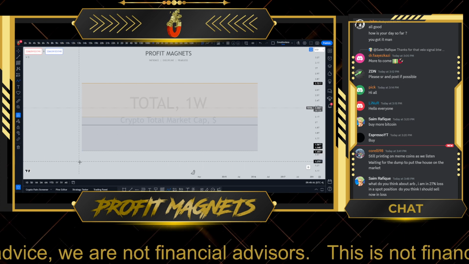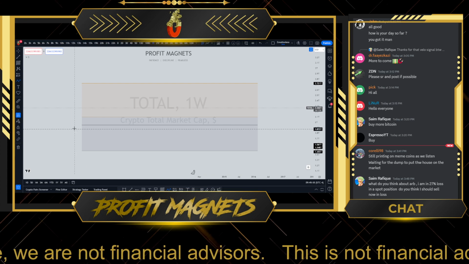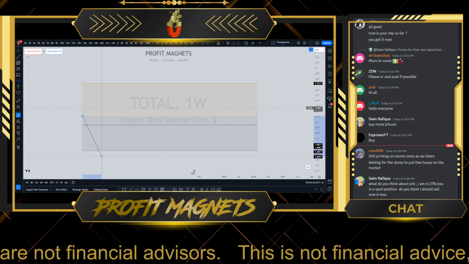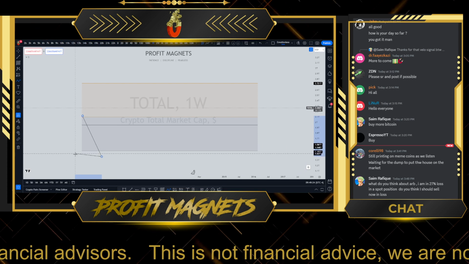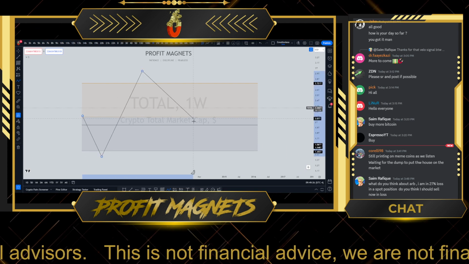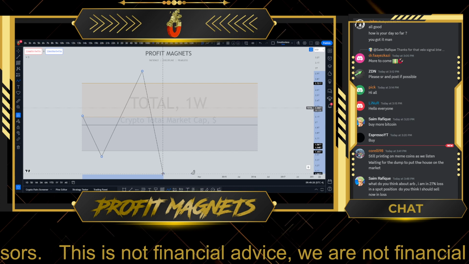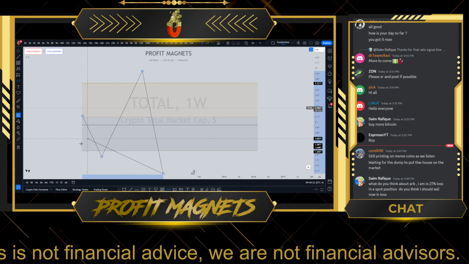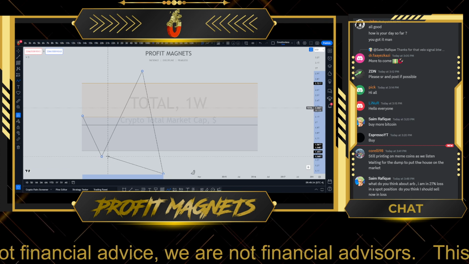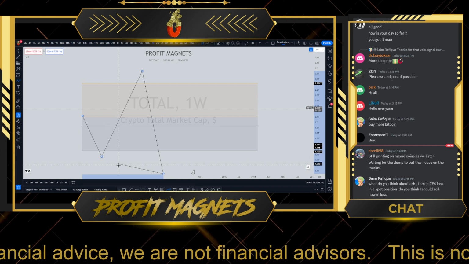There are two scenarios with the ranges. If you break to the downside first and you take the lows previously made, and you then push to the upside, you're likely going to see a potential push to the downside, which is indicated always by the first move outside of the range, which in this example is to the downside, right?